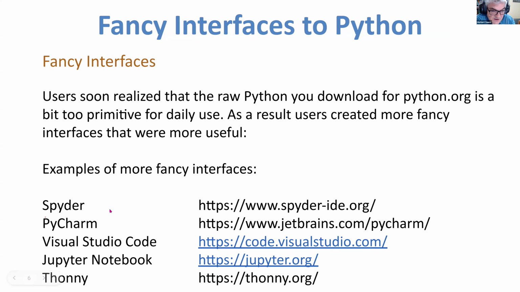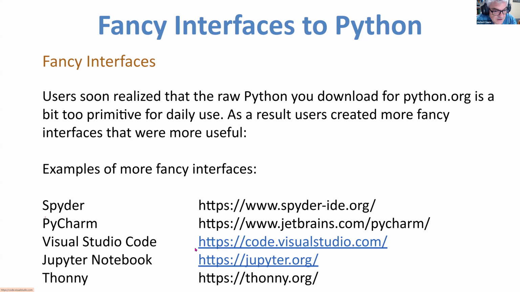What I like is it's very interactive. Other people use PyCharm from JetBrains. A lot of people, my students, for example, will use Visual Studio Code. I have used it. I just find it's too busy for my purposes, because Visual Studio Code can pretty much do anything. But if you like a programming environment, Visual Studio Code is the one to use.